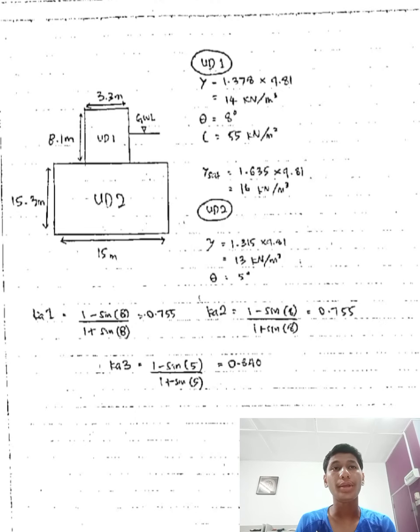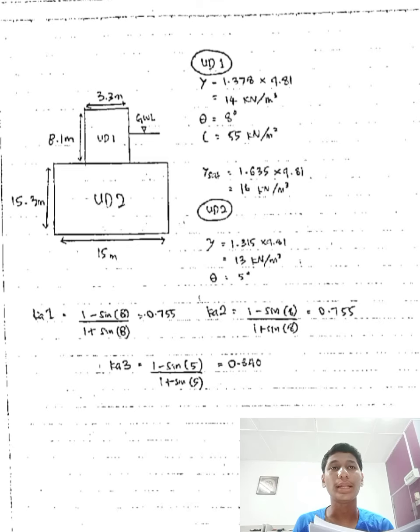19F1102. Okay, now we are going to calculate UD1 and UD2, where UD1 has groundwater level. Okay, UD1 gamma 1 with the symbol Y, 1.37 times 9.81, we will get 14 kilonewton per meter cube.